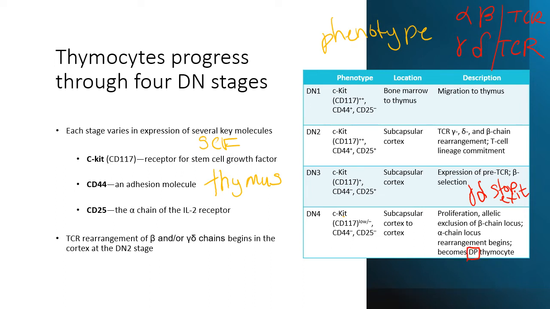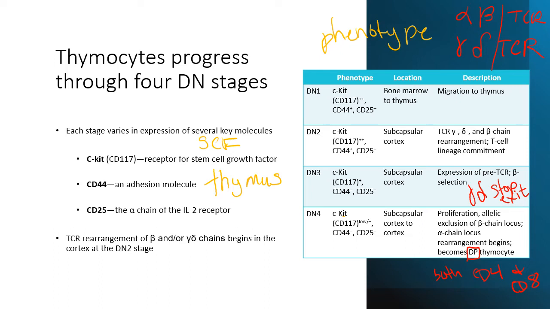Those are the ones that express the CD4. Yes, so double positive means both CD4 and CD8. This table was really helpful to me, so I included it in the lecture. So why is it called double negative 4? Because double negatives do not express CD4 or CD8. But it becomes double positive at the very end of this stage.